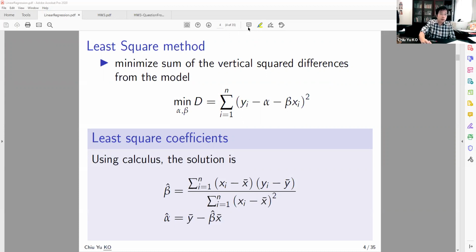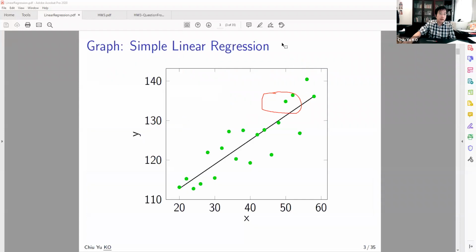Looking back at alpha and beta, what we are doing here is this: this is the slope, beta, and when you extrapolate, this is the intercept, alpha. You learned in high school that any line can be written in slope-intercept form, y equals mx plus c.